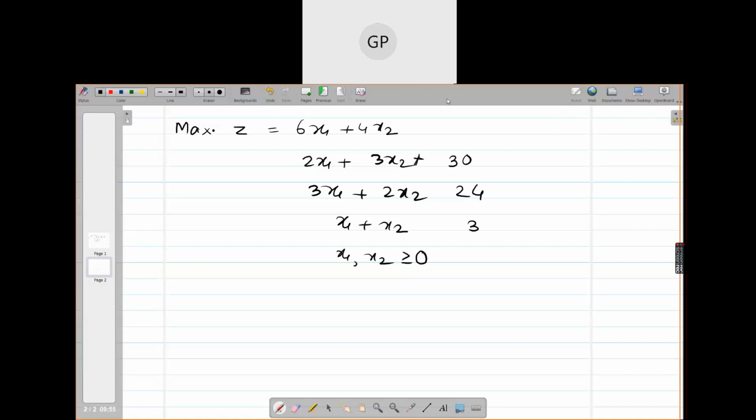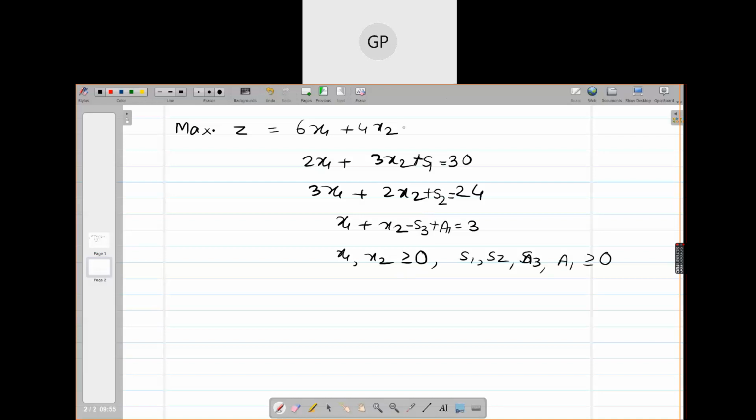Girls, do you hear me? Am I audible? Add a slack variable. Tell me quickly. Plus S1 is equal to 30. Next one is also less than or equal, add a slack variable, so another slack variable, plus S2 equal to 24. Third one, minus S3 plus A1 is equal to 3. And here S1, S2, S3, A1 are all greater than or equal to 0.